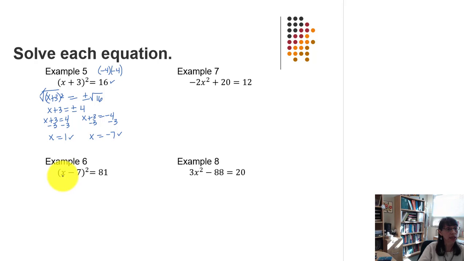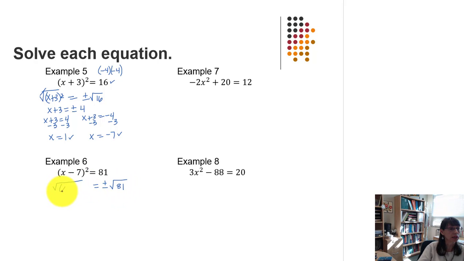We have a quantity x minus 7 squared equal to 81. So to undo the squaring, we're thinking square root on each side of the equation, remembering plus or minus the square root of 81 on the right.